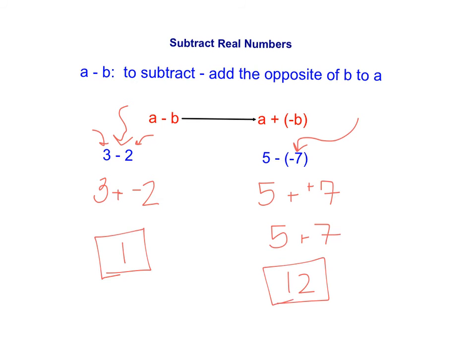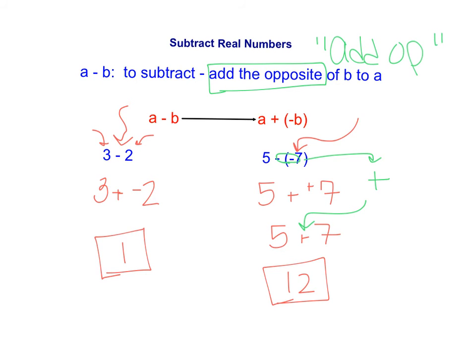So my trick with subtracting a negative is if you see here you have these two pieces, they look like the up and down and the sideways piece of a plus sign, and those two come together to turn it into addition. So that's my little trick with subtracting negative numbers. If you don't like subtraction, always change it into adding the opposite. I know a lot of you in middle school called this the add-op rule, and you can use that here as well.